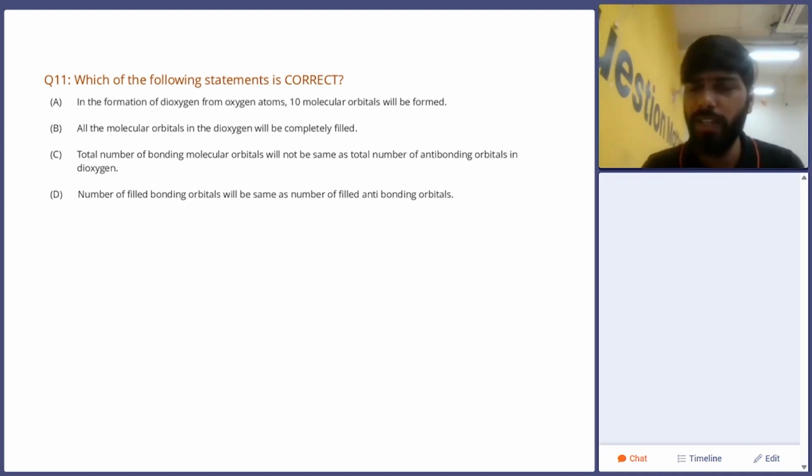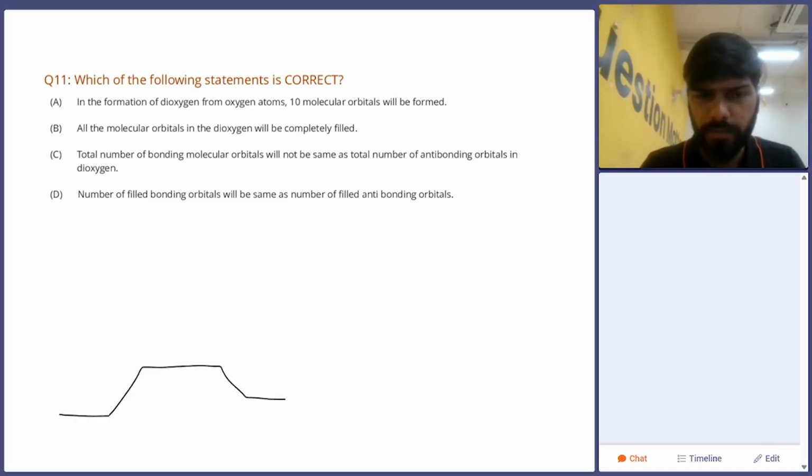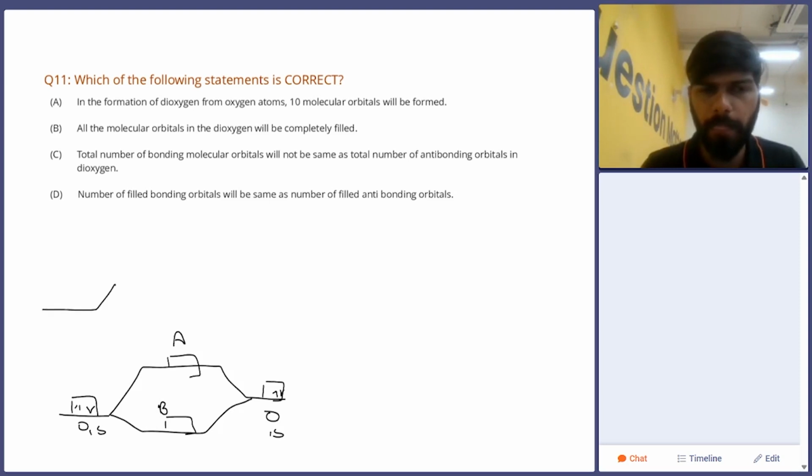See, if you look at the oxygen molecule, first of all, this is the oxygen atom, 1s2. This is also 1s. So this will form bonding and anti-bonding.